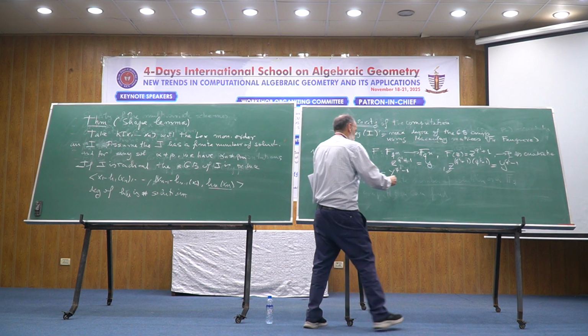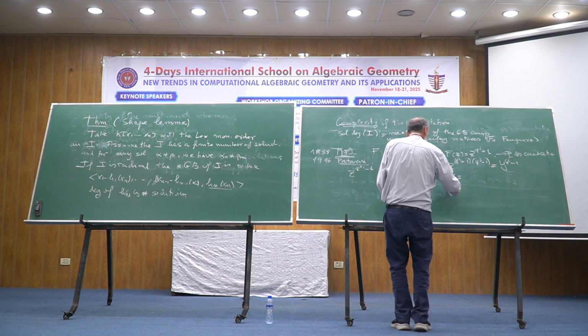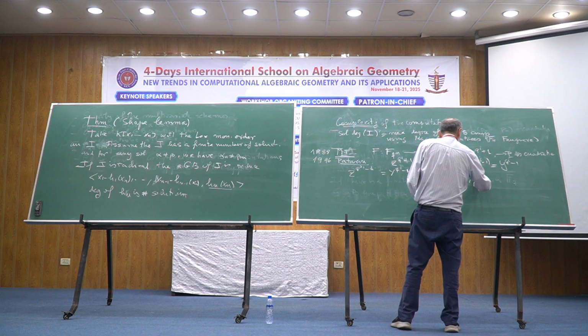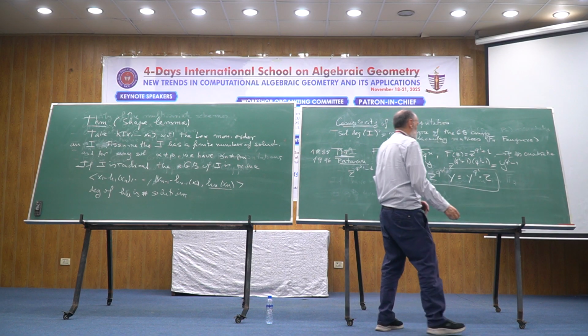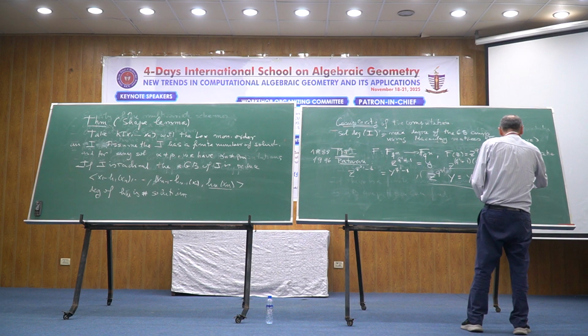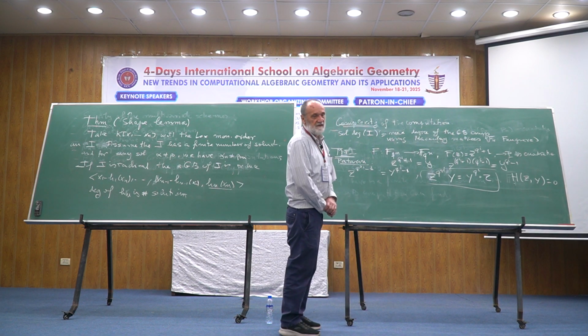So we get exactly z^(q^(2i)) times y is equal to y^(q^i) times z. Okay, so we have an implicit equation between the message and the cipher message.